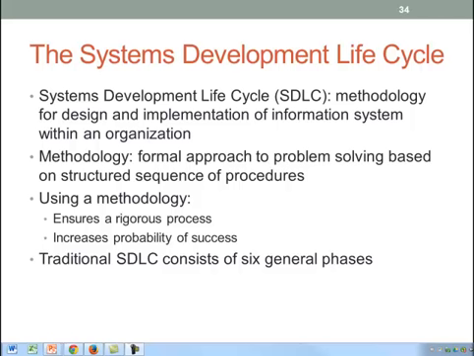Basically a methodology for the design and implementation of an information system within an organization. Using a methodology, some sort of formal practice, ensures a rigorous process and avoids missing those steps that can lead to compromising the end goal. And the goal is creating a comprehensive security posture.